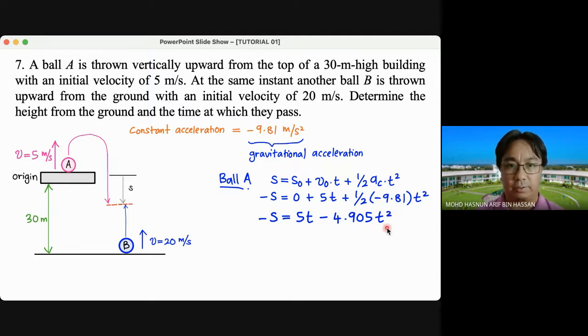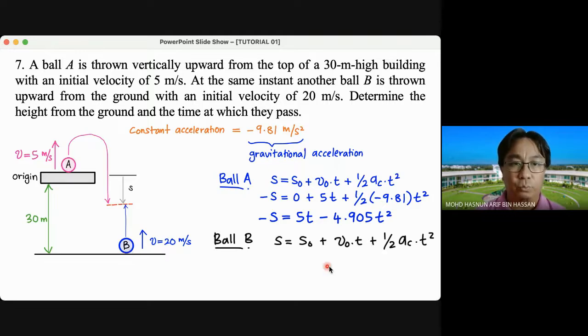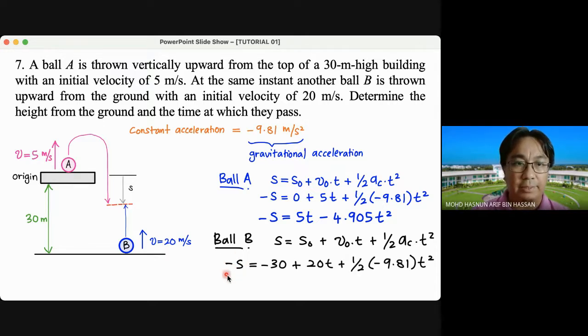We cannot solve anything yet. So now we go to ball B. Okay, ball B. We use the same equation dengan apa yang kita guna dekat atas ini. Alright. So S here will be minus S, because what we want is what is the S here.